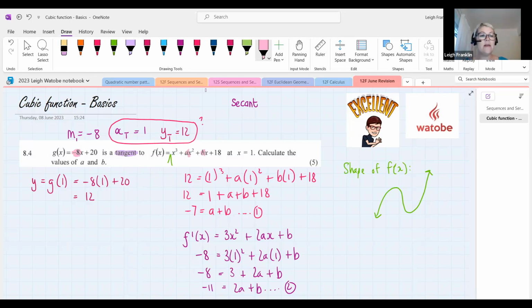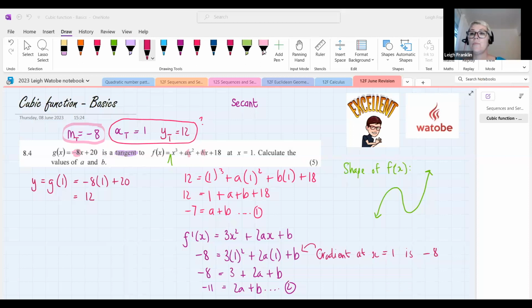So that's them telling us that the gradient at the point of tangency is equal to -8. That's why when we take our derivative, we have to sub in -8, the gradient at that point, when x was equal to 1. So what we are saying in this line is that the gradient at x equals 1 is -8.